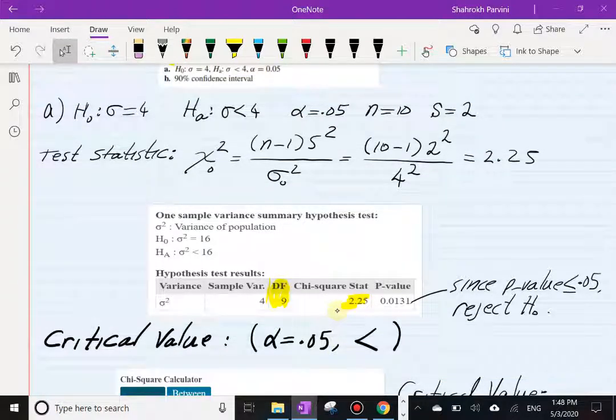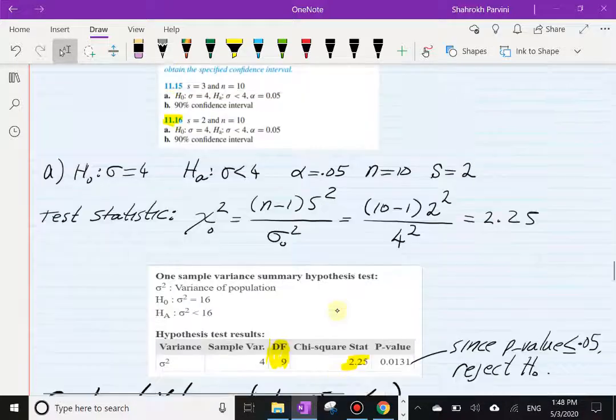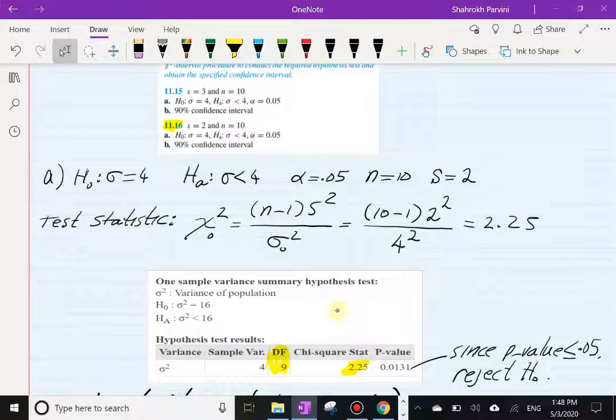Let's do these from StatCrunch. So again, the alternative here is sigma is less than 4 and our alpha is 0.05. And our confidence interval 90%. I'm looking at the statement of the problem here. The sample size was 10 in this exercise and sample deviation was 2.